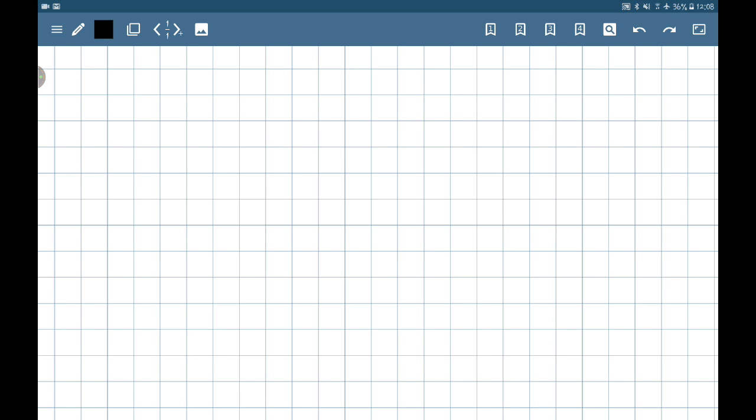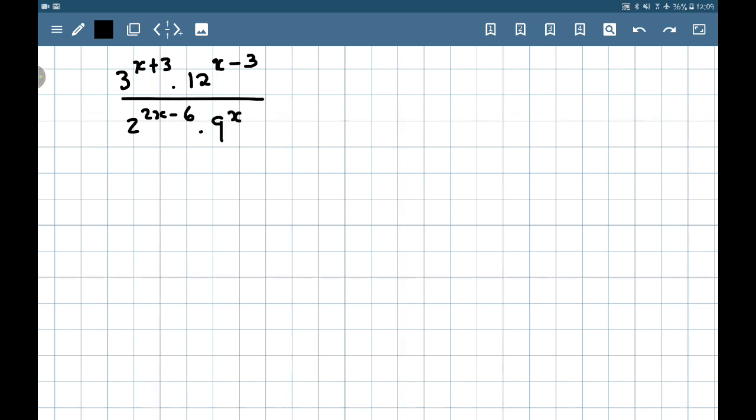So the first one, if you look at it, we had 3 to the power x plus 3 multiplied by 12 to the power x minus 3, all over 2 to the power 2x minus 6 multiplied by 9x, right?